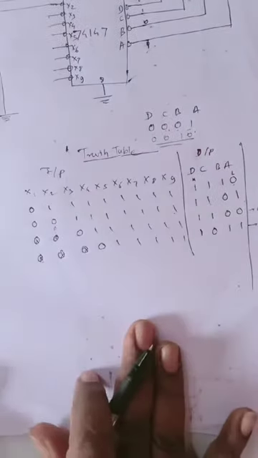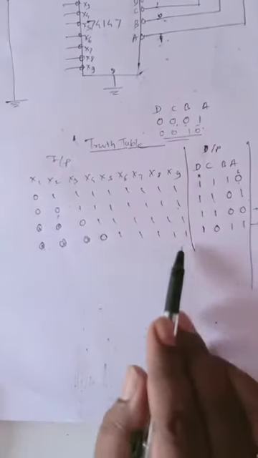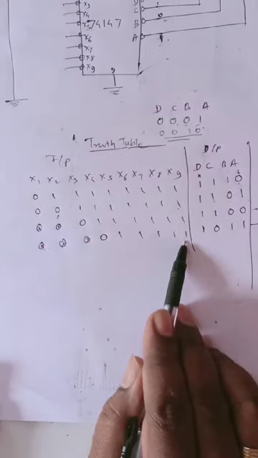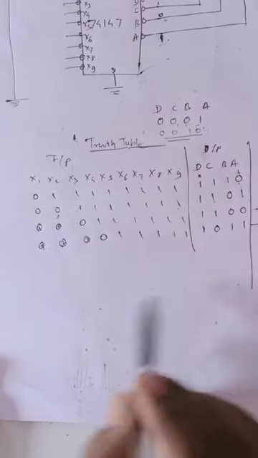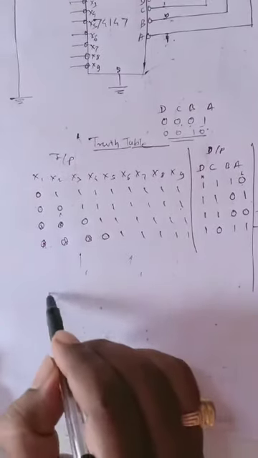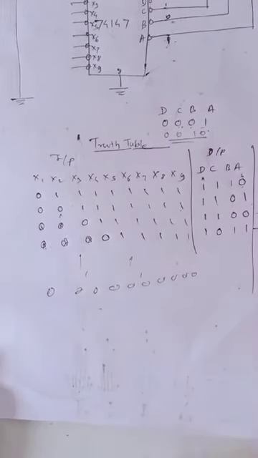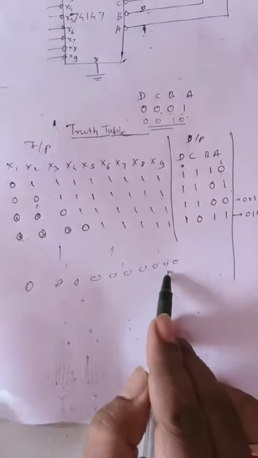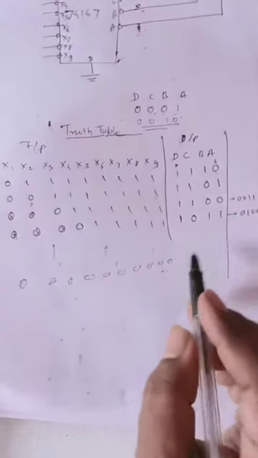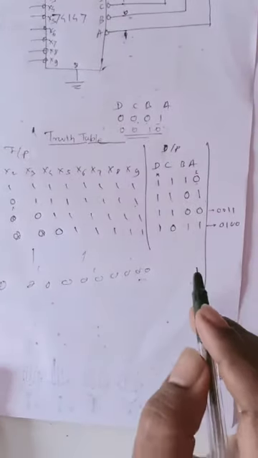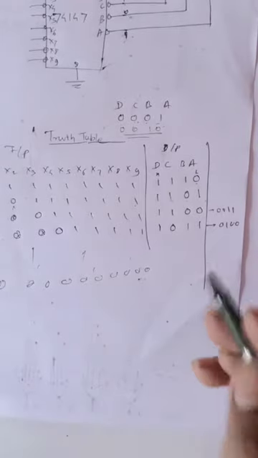Like that, the highest priority is given to the 9 numbered input. That means if we apply all the inputs, then highest priority is given to this one, and you will get output equivalent to 9, in ones complement form.